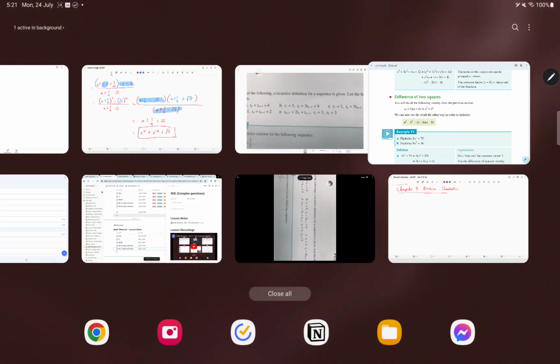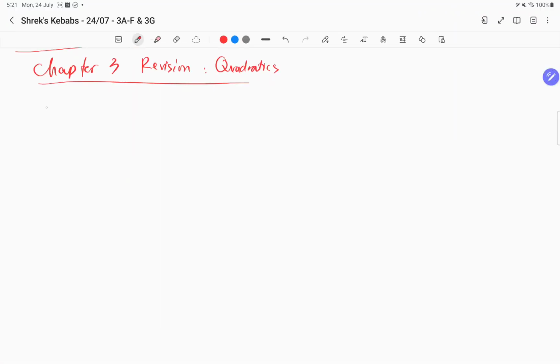The first thing I want to revise with you guys is the difference of perfect squares. Does anyone remember the formula for this? Yes, Amani? It's the brackets a plus b brackets again squared. No, difference means minus.